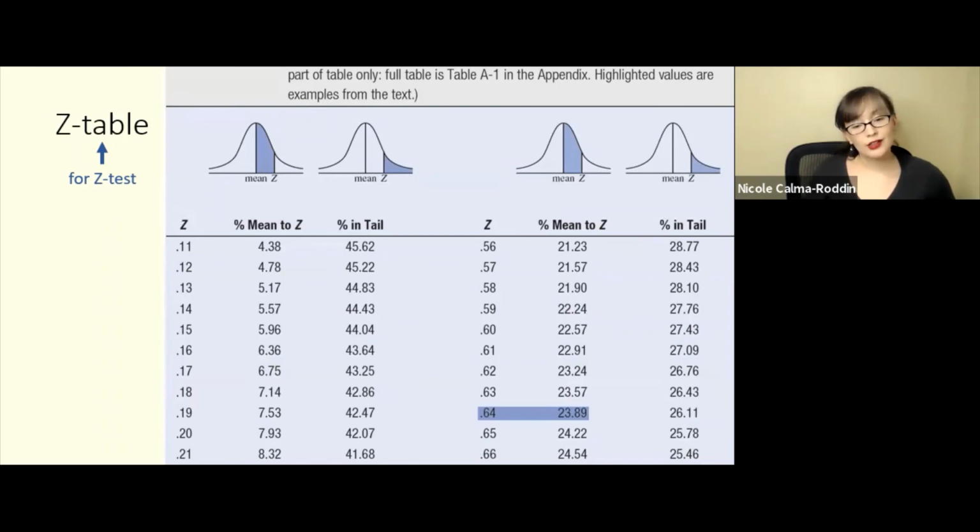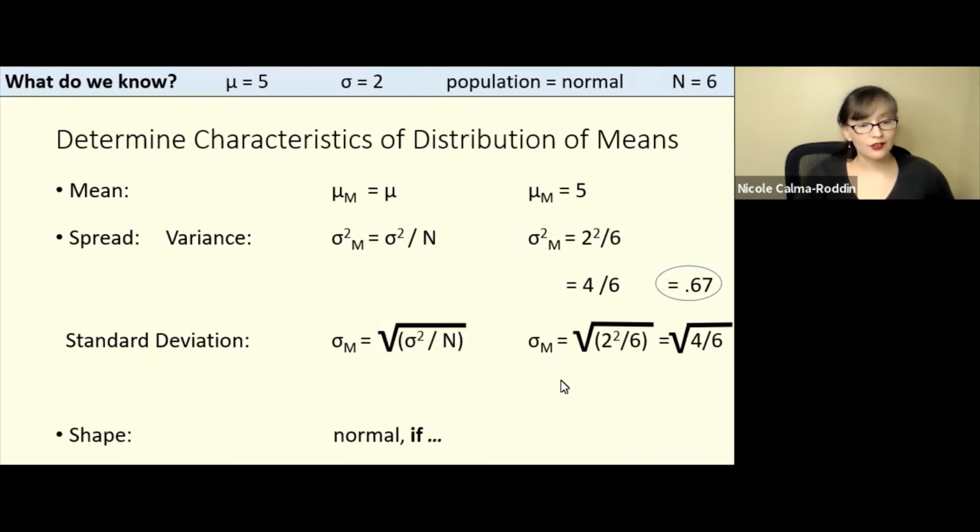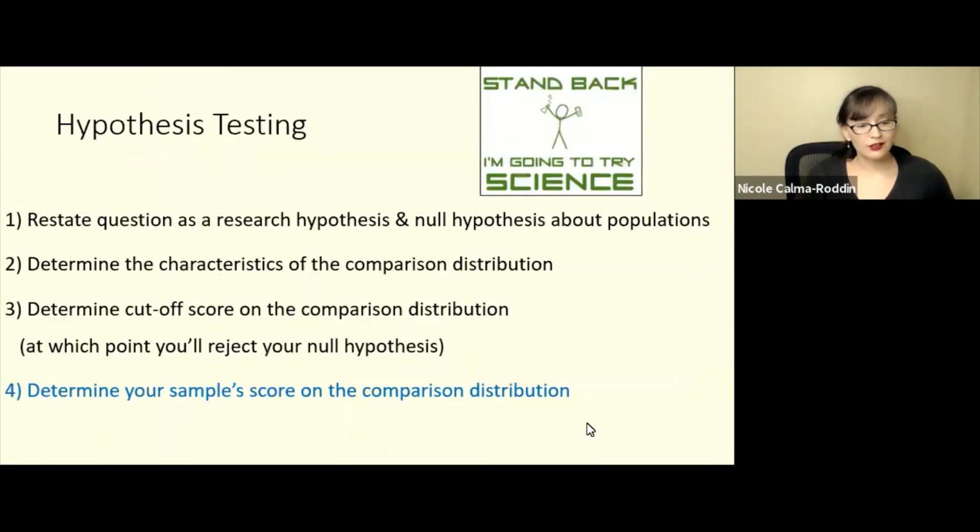So we'll be looking up that percentile of 0.05, or 5%, and maybe we've memorized that it is going to be 1.64. So that is our cutoff score.